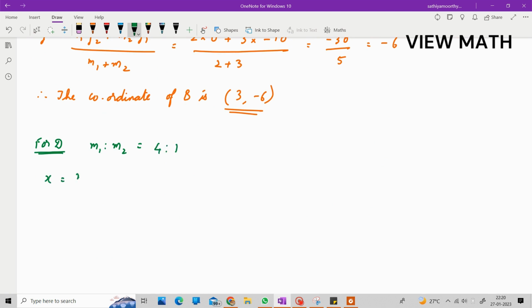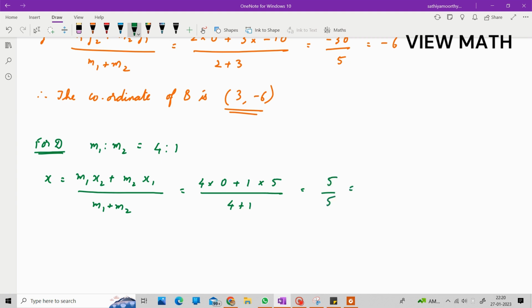The formula is (M1 X2 plus M2 X1) by (M1 plus M2). M1 is 4, X2 is 0, plus M2 is 1 into X1 is 5, divided by 4 plus 1. So 4 into 0 is 0, 5 into 1 is 5, divided by 5, which is equal to 1.